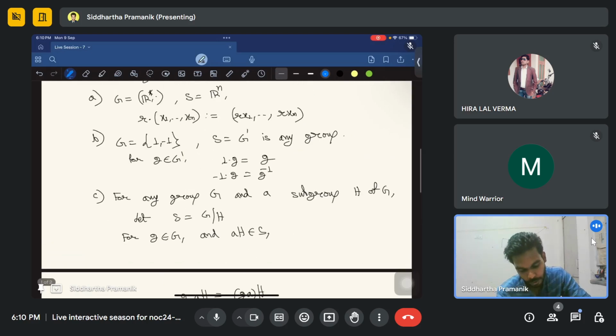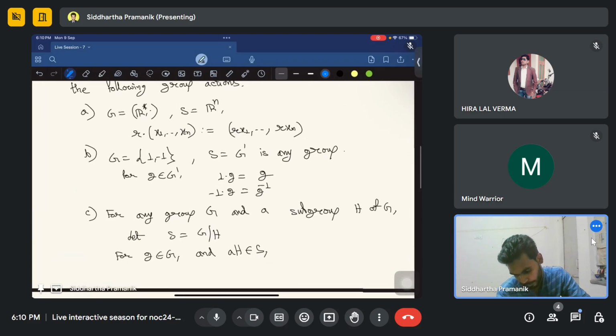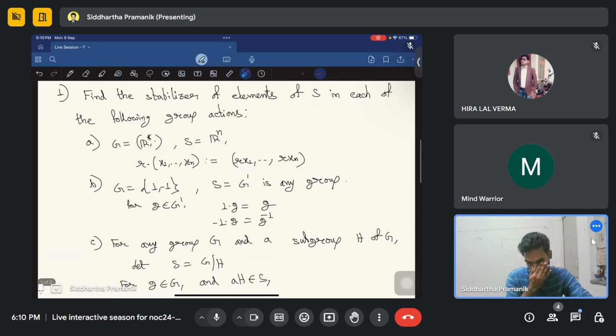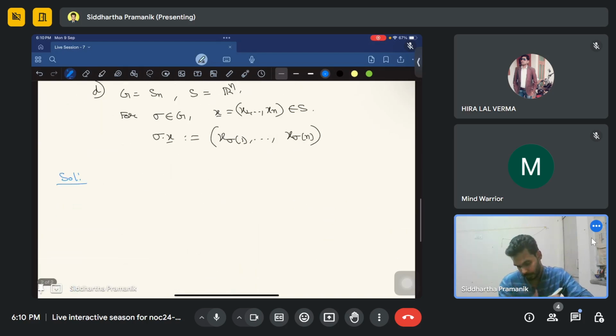Okay, so let's start with the first one. The group is the multiplicative group of non-zero real numbers, S is the set of all n-tuples of real numbers, and this is the definition of group action. We need to find the stabilizers of elements.